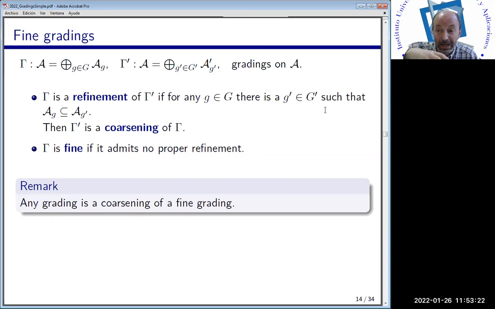Coarsenings can be obtained in a combinatorial way, starting from the universal grading. But the combinatorics is quite involved, and trying to classify gradings in this way is hopeless, partly because gradings may be coarsenings of different fine gradings, and it's difficult to see when two gradings obtained in different ways are equivalent.